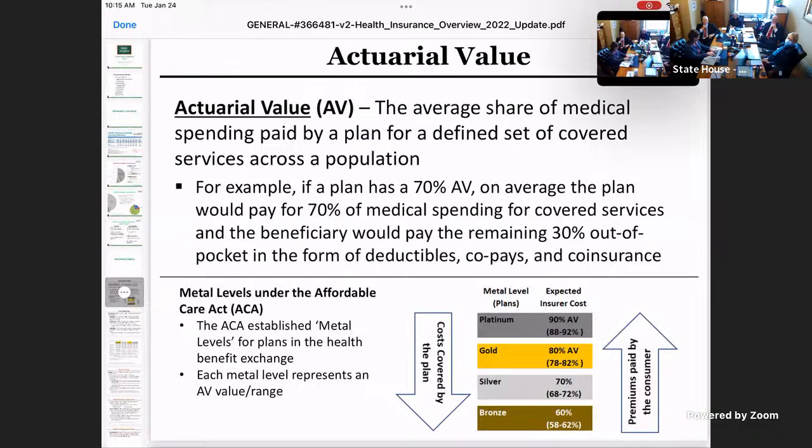A lot of times the decisions are made, you always hear the term young invincibles, and you might find someone who's fresh out of college who has no health history. So you know what, I don't want to pay a lot of premium. I don't think I'm going to get sick. I'm going to pay for a bronze plan. It's a lot cheaper, versus someone who has more financial resources or has some health issues. You know what, I think I'm going to get a gold or platinum because I can afford it, and I've got diabetes, and I just want to make sure that it's covered. So it's a personal decision as well as a financial decision.